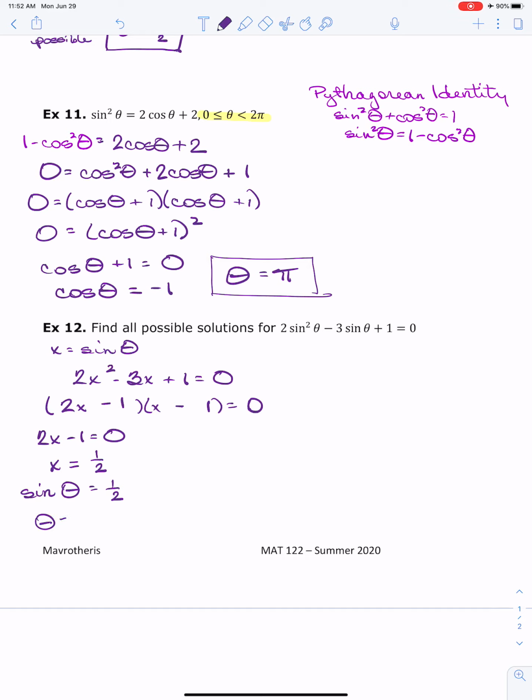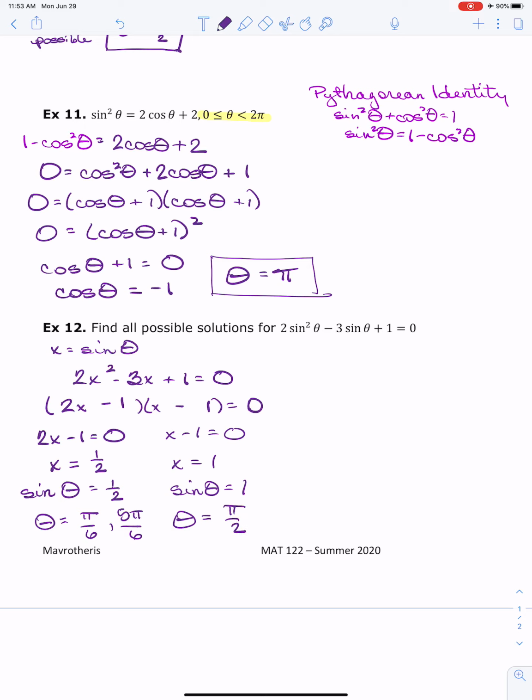That's going to be where theta equals pi over 6 and 5 pi over 6. That's once around the unit circle. Let's take a look at this other one here. I've got x minus 1 equals 0. x equals 1. Sine of theta equals 1, where theta is pi over 2.